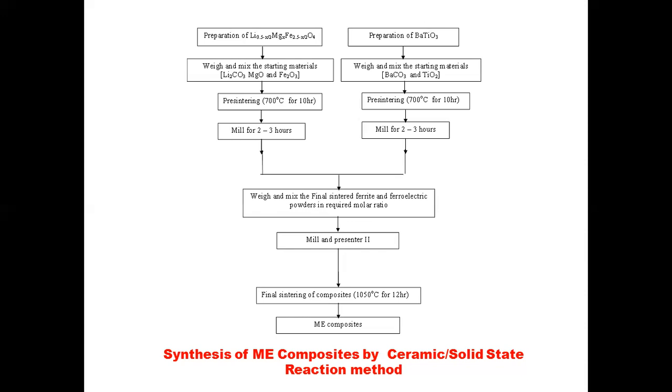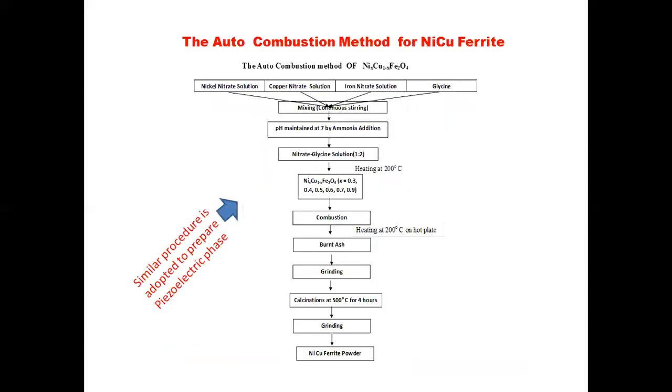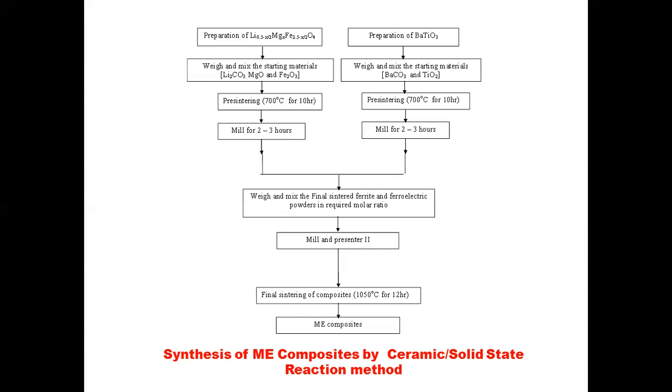You pour this dried mixed powder into the labeled alumina crucible, keep the crucible inside the muffle furnace, and the pre-sintering can be done at 700 degrees centigrade for 10 hours.